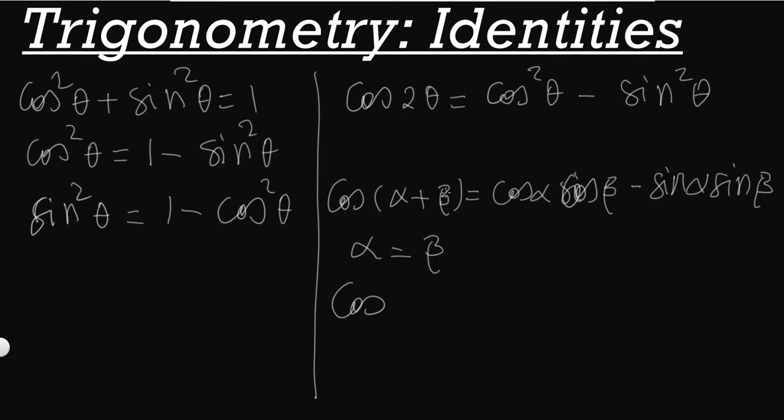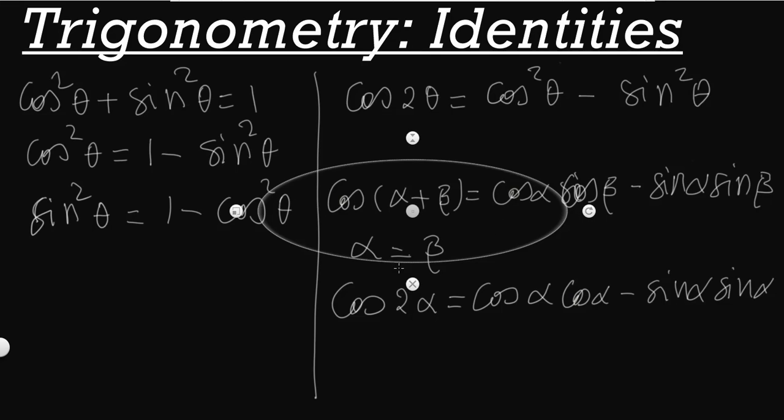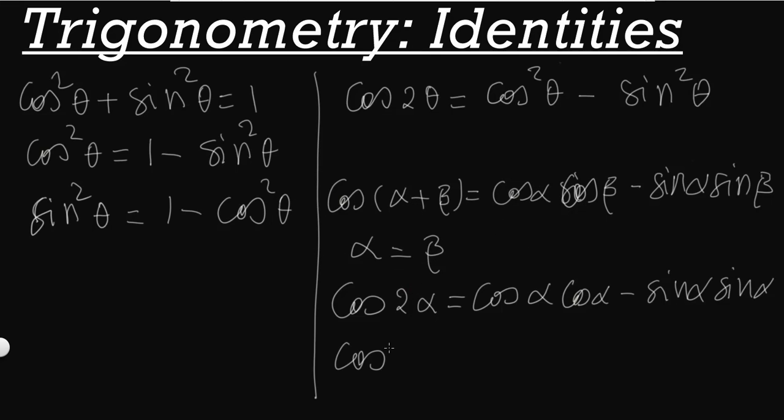So alpha plus alpha will be 2 alpha, and we replace beta by alpha. So what is going to happen? We have cos 2 alpha, cos alpha times cos alpha will be cos squared alpha. Sin times sin will be sin squared alpha. Can you see? So this gives us this identity.